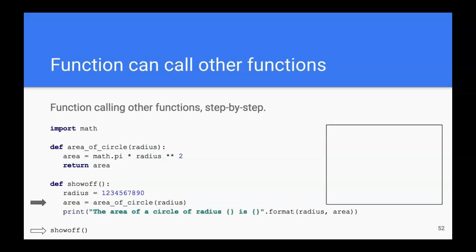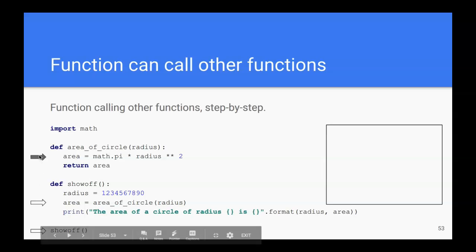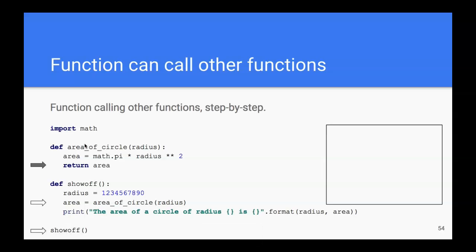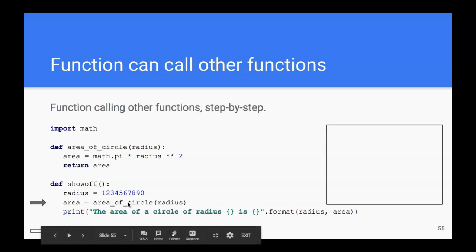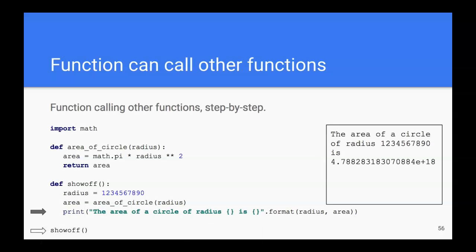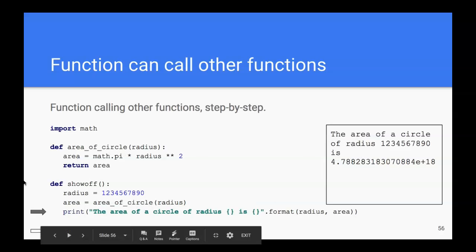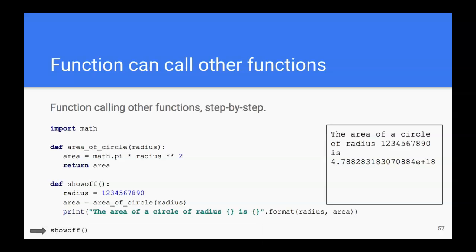The second line calls another function, so the control passes to that function up here. And then when that function is done, it returns to this line, and then when that's done, it moves on to the next statement, which actually does the printing. And then now this function is finished, it goes back to where that function was called, and continues on from there.